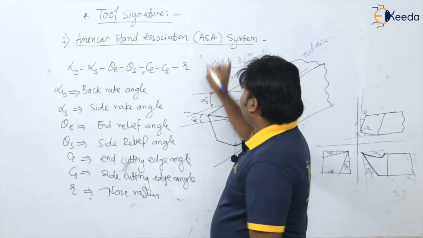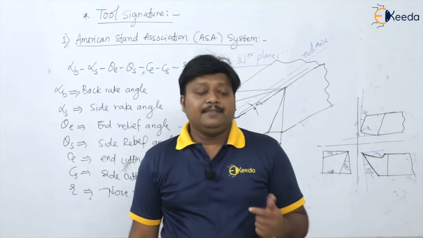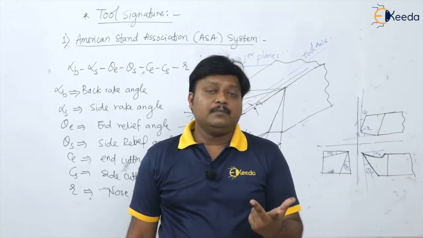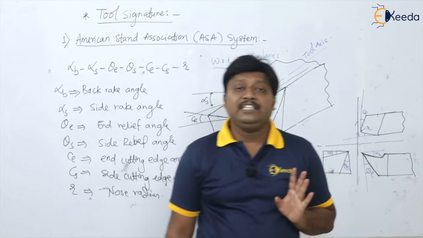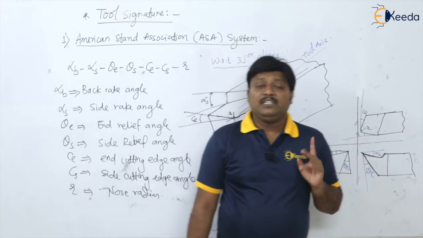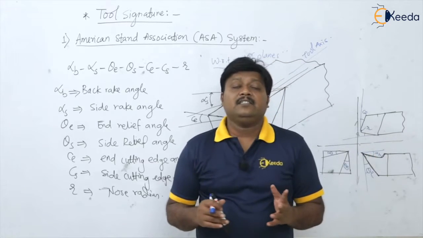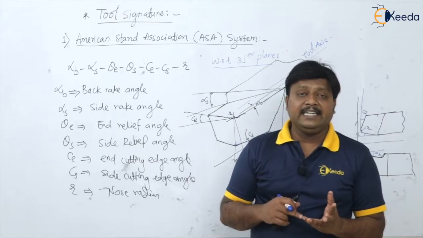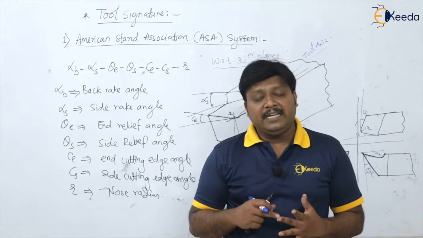So what happens when these angles are measured with respect to 3 mutually perpendicular planes? The indication of the angles, measurement of the angles, and remembering of the angles are very easy. Very easy. Please remember, when the angles are measured with respect to 3 mutually perpendicular planes, they can very easily indicate, they can very easily measure, and they can very easily keep it in mind.